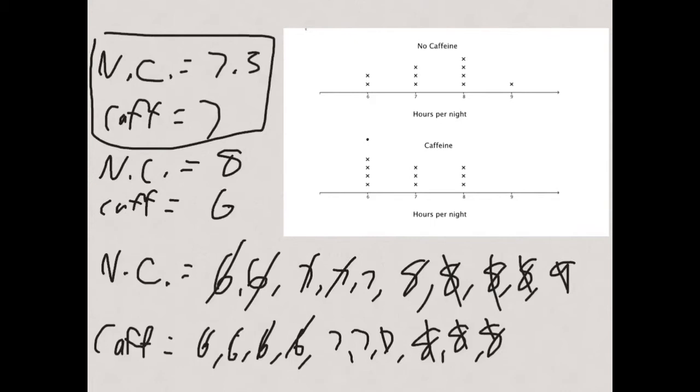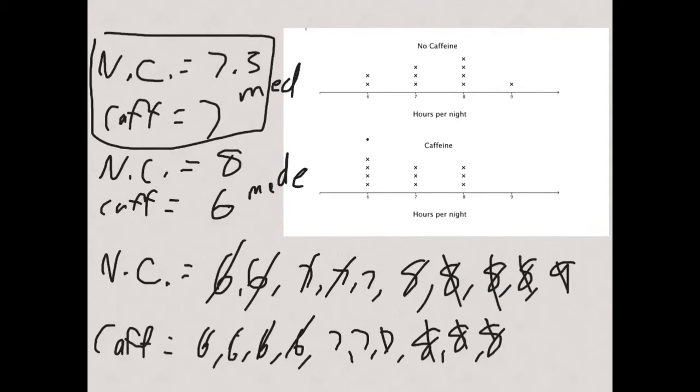So now I have this change. I went from, if I use the median, 7.5 hours to 8 hours for no caffeine. There's an increase. But if I look at caffeine, I go from 7 hours to 6 hours if I use median. And I go to mode. So what about if I use range? Well, let me go ahead and use my calculator very quickly.